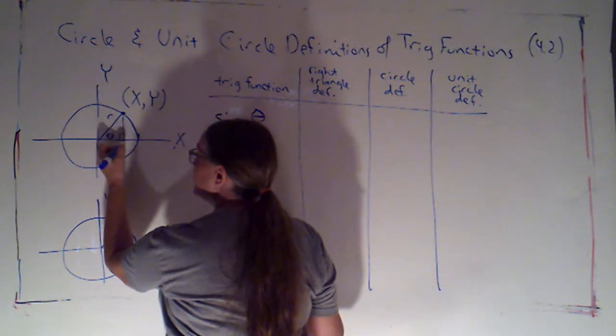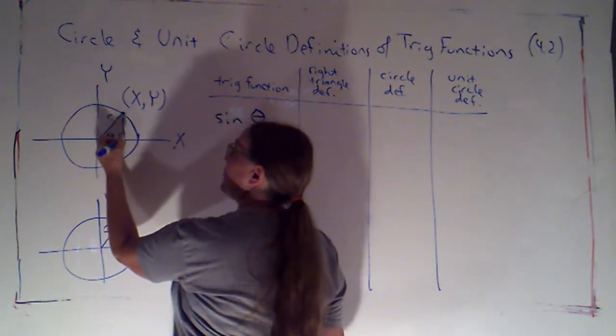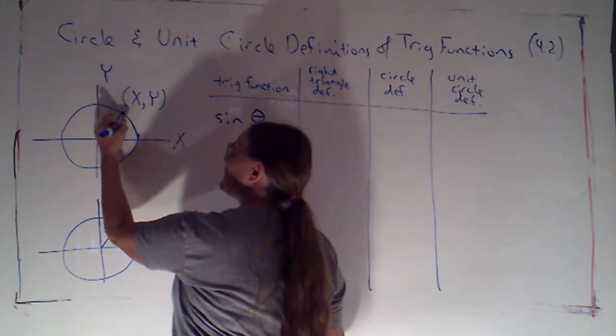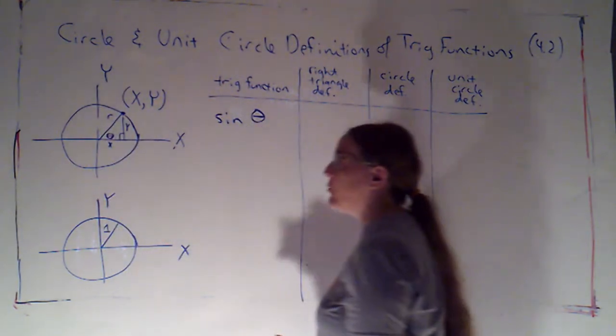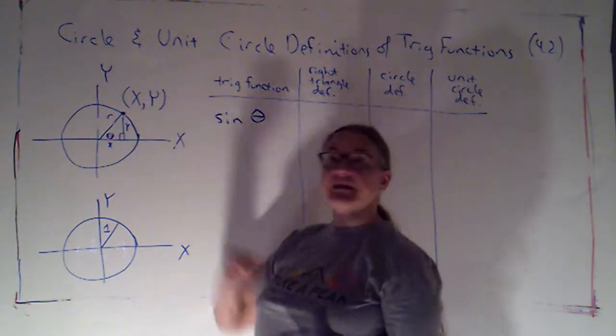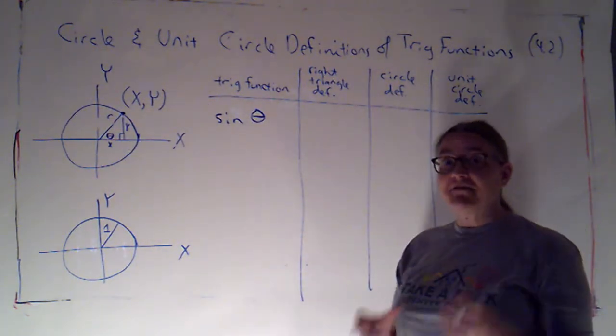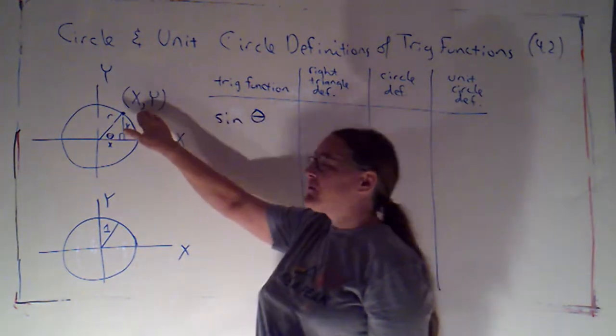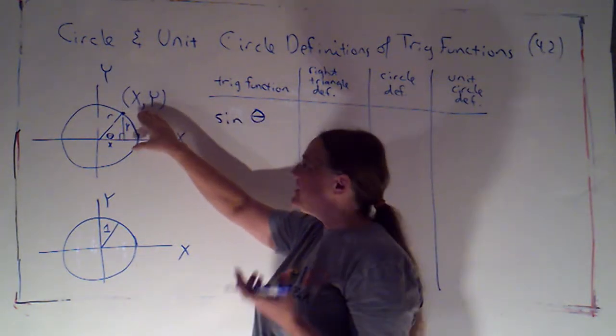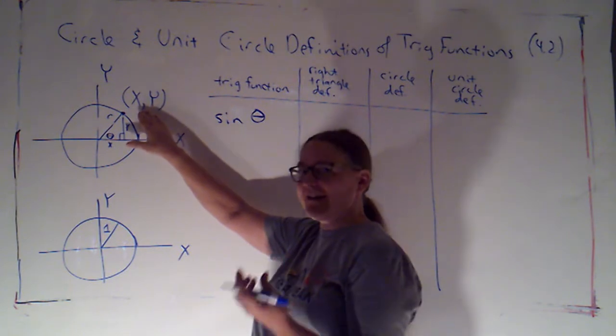This side would be x, because we're coming over x and up y, so this side is capital Y, and the hypotenuse is r. If I'm in quadrant 1, if theta is an acute angle, x and y are both positive numbers, so they are legitimate side lengths.